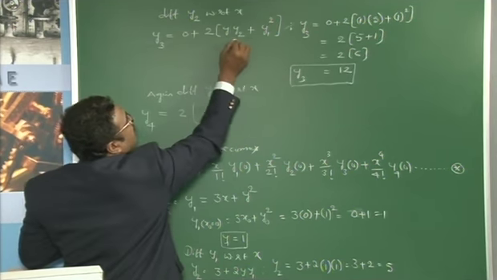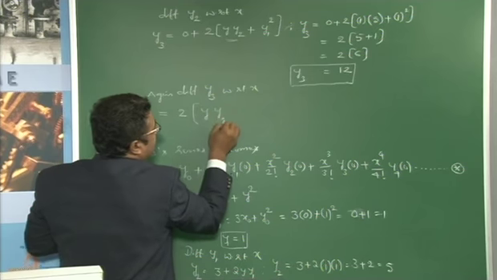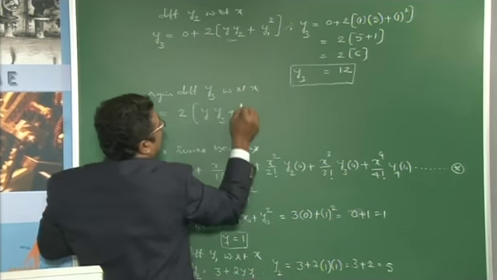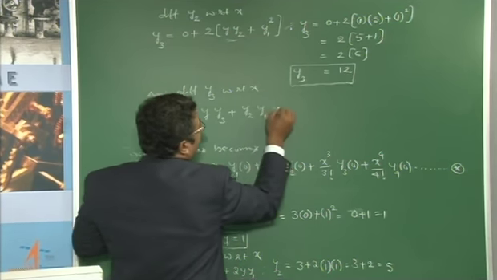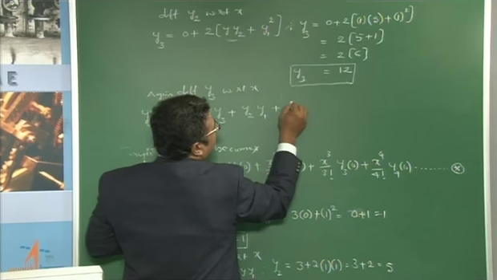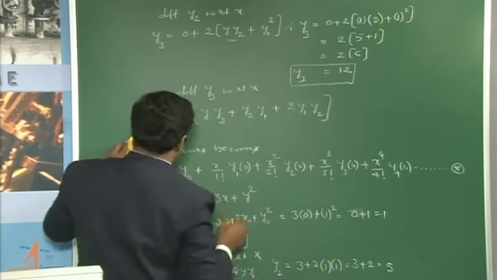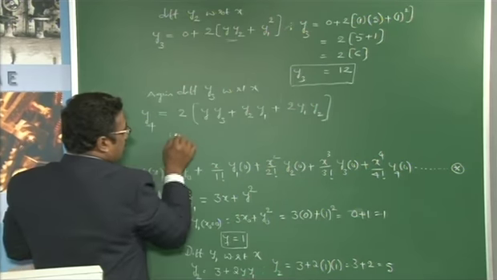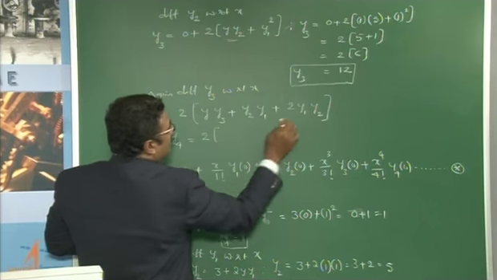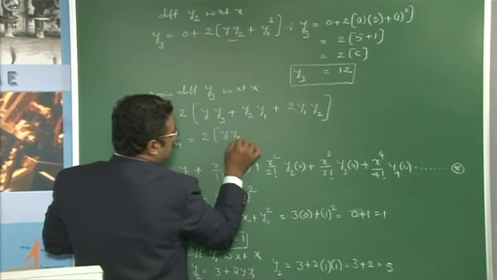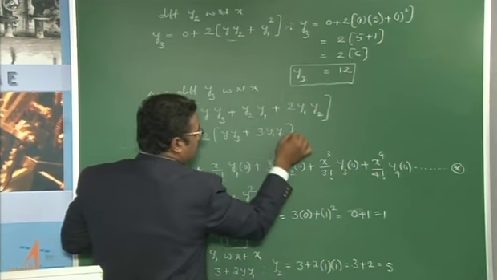I have to apply the product rule, first into second plus second into first, y2 into y1 plus, now the differentiation of y1 square is 2y1 into y2. Then y4 is equal to 2 times the addition of these two, it will give 3 times y1 into y2.